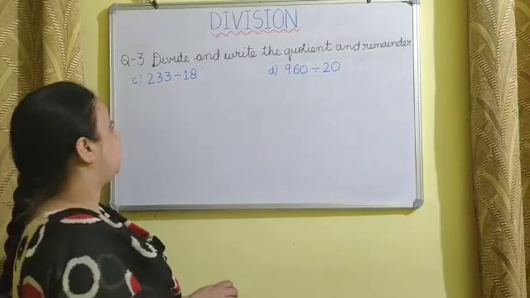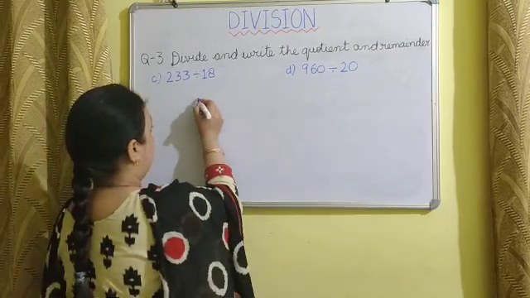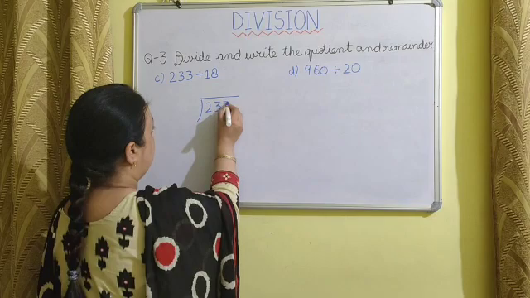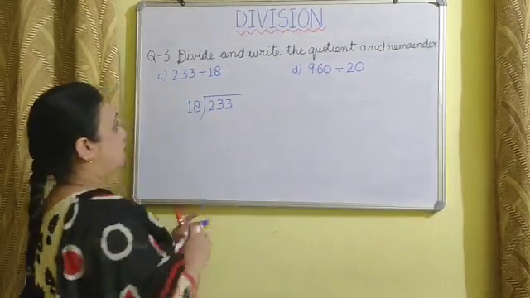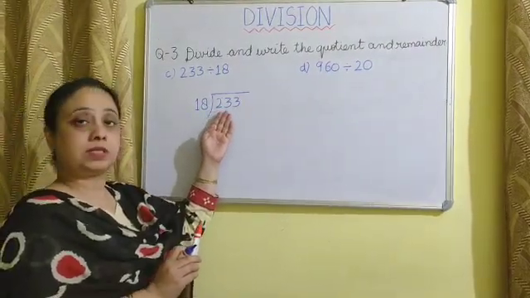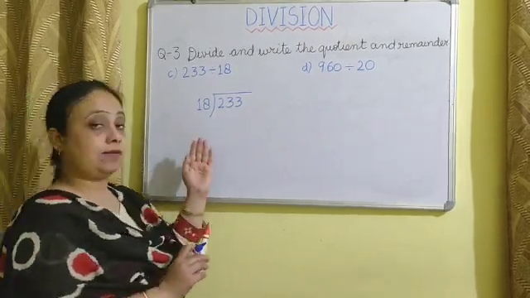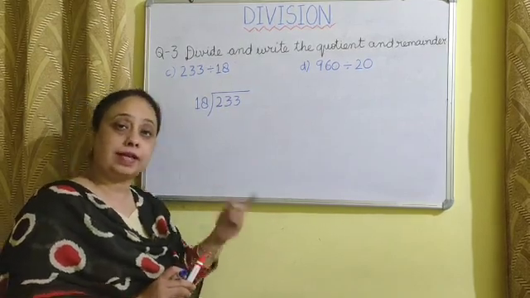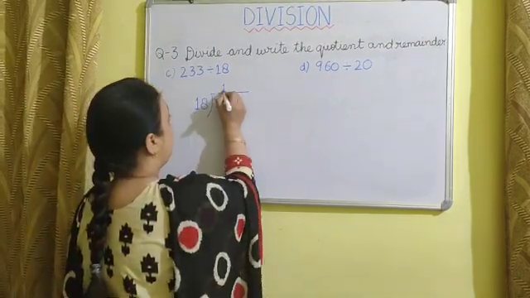Next, we have to divide 233 by 18. We'll write 233 here and 18 will be written here. Now since 2 is smaller than 18, we will take two digits and our number is 23, which we have to divide by 18 first. So we'll write 18 ones are 18 and 18 twos are 36. 36 is greater than 23, so we will write 18 ones are 18.